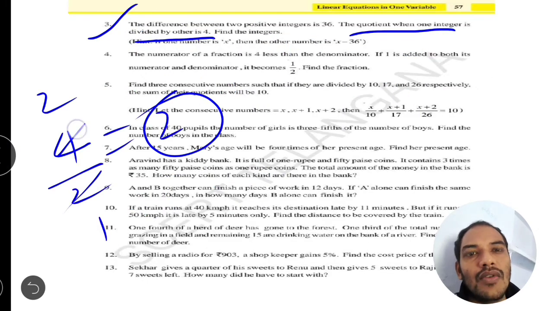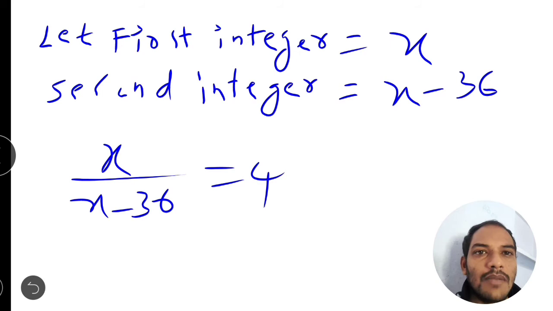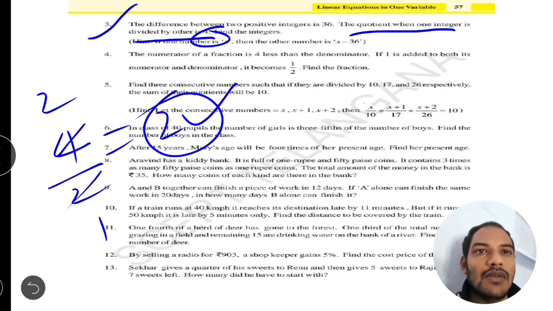Because when the numerator is bigger and the denominator is smaller, only then will you get a positive integer answer like 4. That is why the numerator should be bigger and the denominator smaller. When you do the cancellation, the answer equals 4, same as 4 by 2 equals 2.